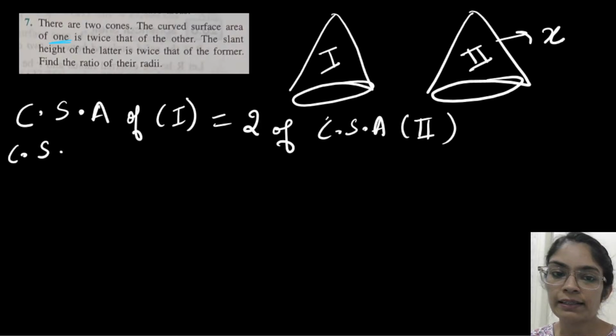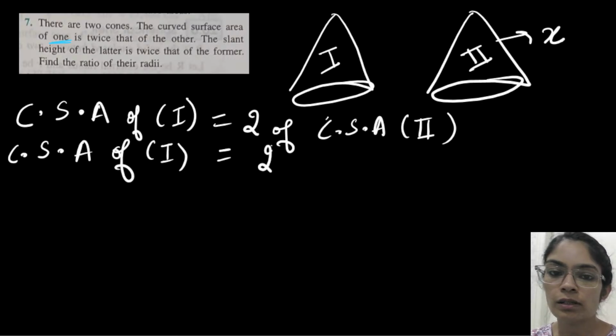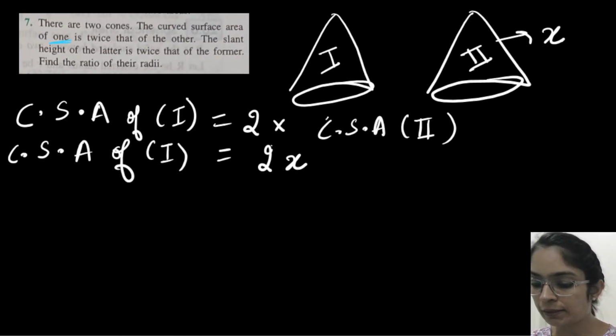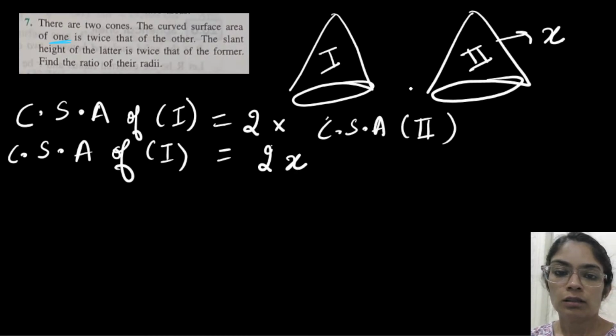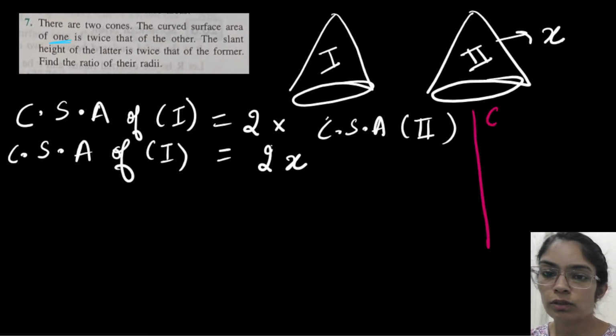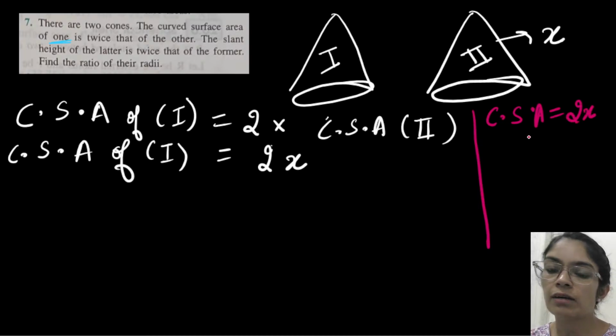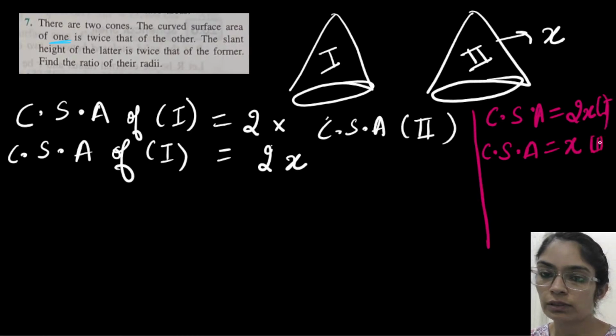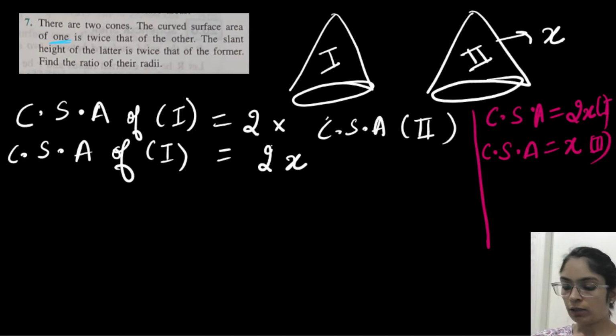So then we can write curved surface area of first one is equal to twice means two times. So here multiplication I have to write, 2 into X. So that is 2X. So here I will mention also. So curved surface area of first is 2X and curved surface area of second is X. So this is first cone and this is second cone. I hope this is visible.